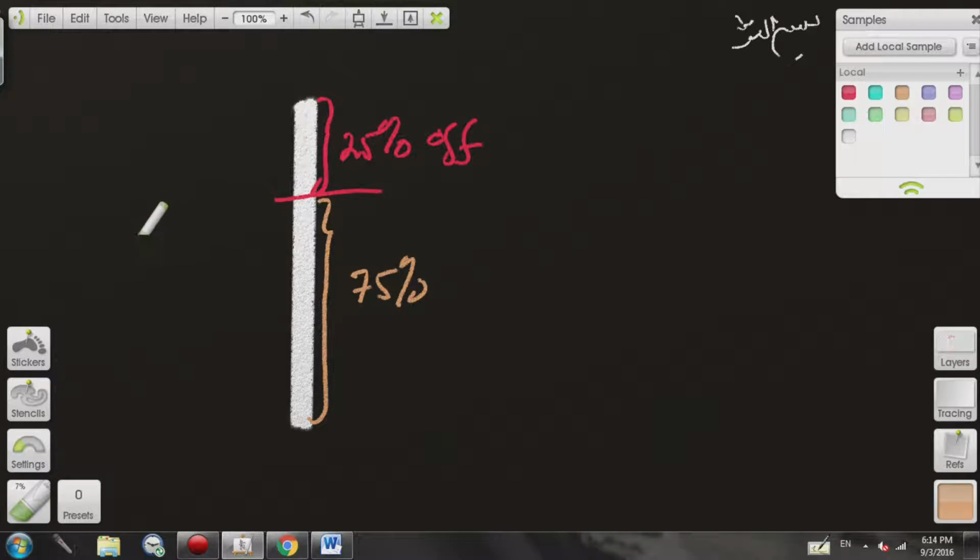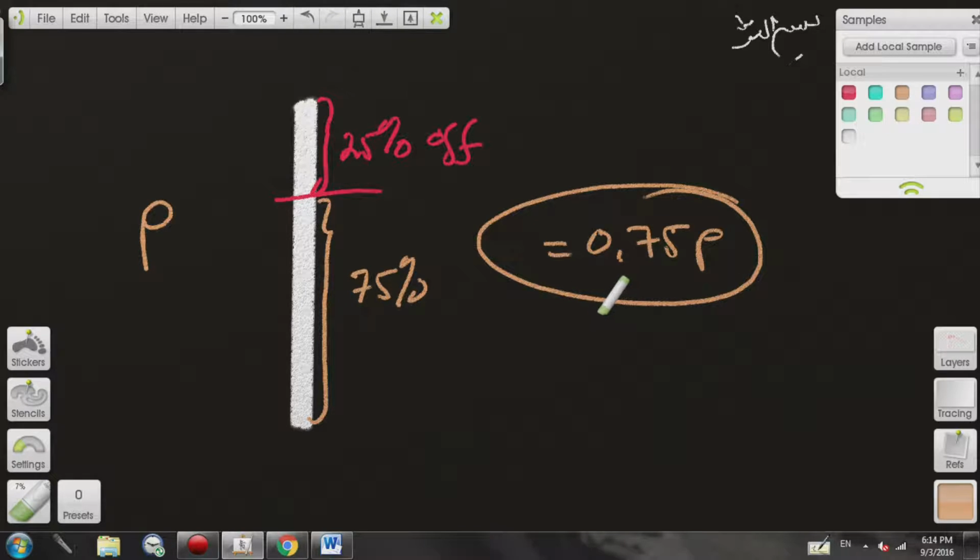If the original price is P, the final price you're going to have to pay is 0.75 of P. So that's how much you're going to have to pay. If it's 20% off, you're going to end up paying 80%, which is 0.8 times P.